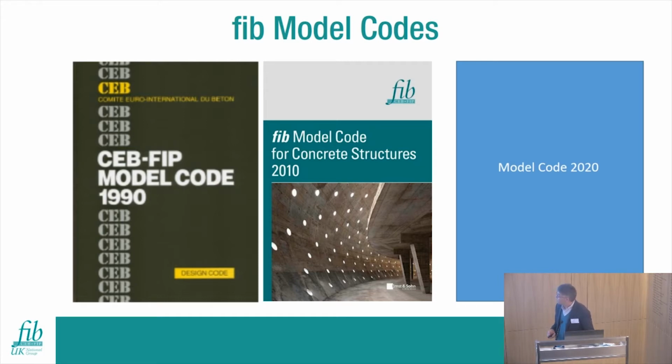So Model Code 1990 heavily influenced the development of the current Eurocode, and Model Code 2010 is heavily influencing the current revision to the Eurocode. At the moment, the main work of the various commissions is Model Code 2020, which will provide a unified framework for both design and assessment.